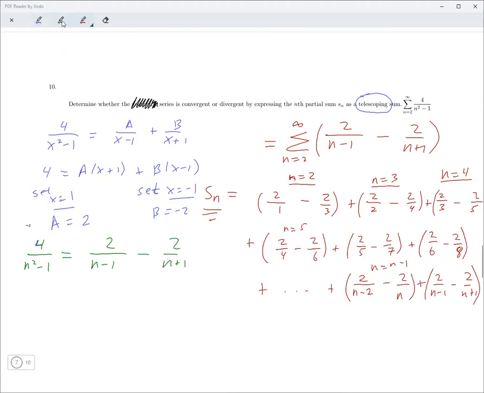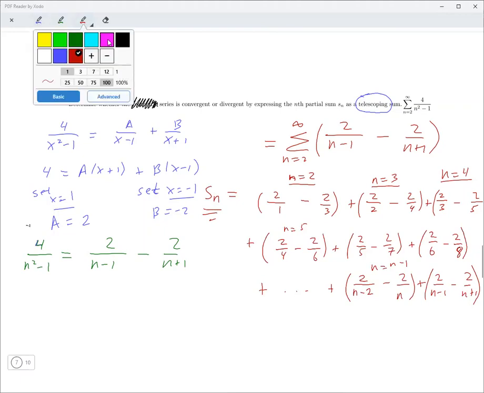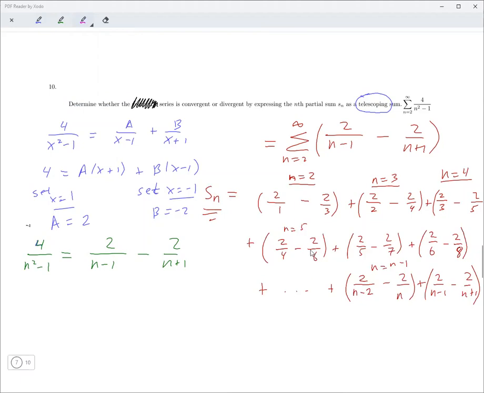Now what happens is I get my canceling pen out, and this and this are going to cancel. They're the same. This is a negative, that's positive. Okay, and then this one right here is going to cancel with that one.